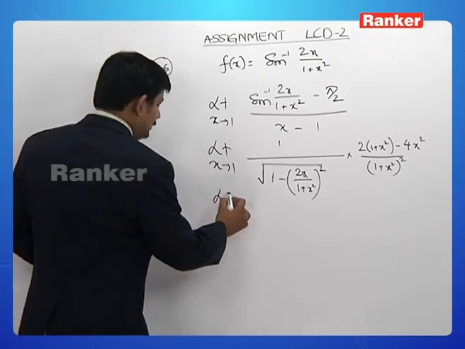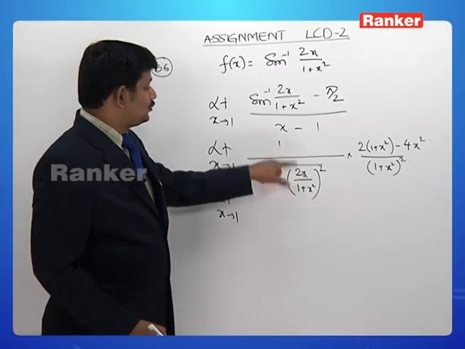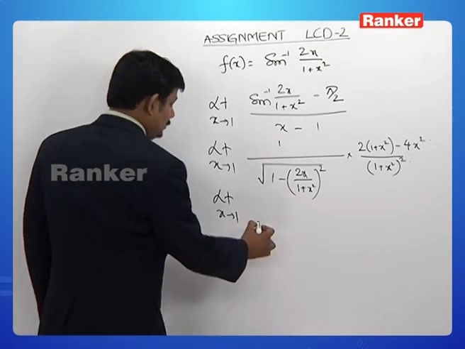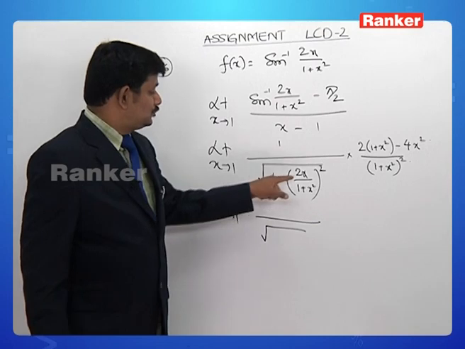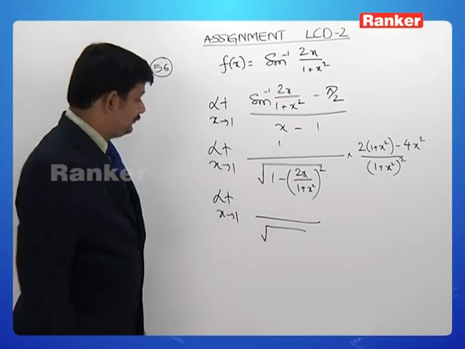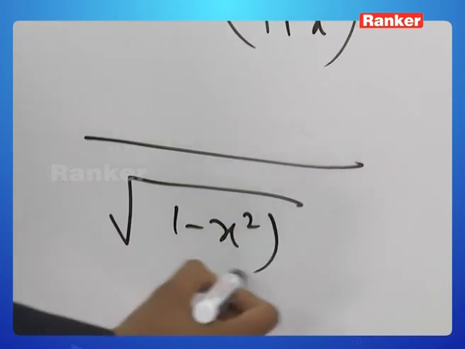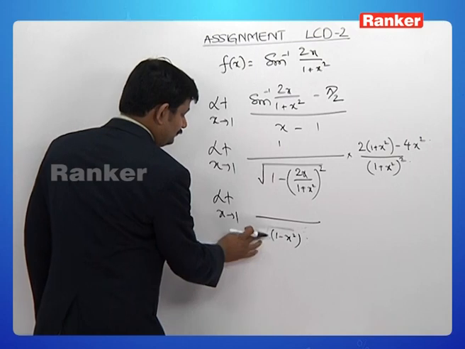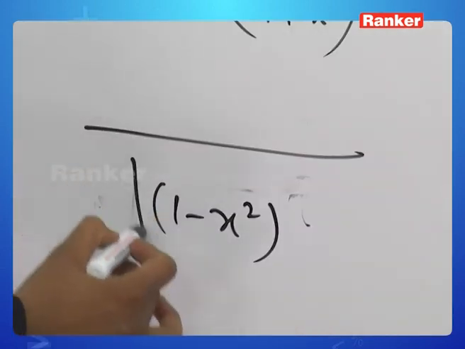Now let us simplify this. Limit as x extends to 1: 1 plus x square whole square goes to the numerator and gets cancelled with 1 plus x square. Then in the denominator we are left with 1 plus x square whole square minus 4x square, which is 1 minus x square whole square. Under root, we are left with 1 minus x square within mod.